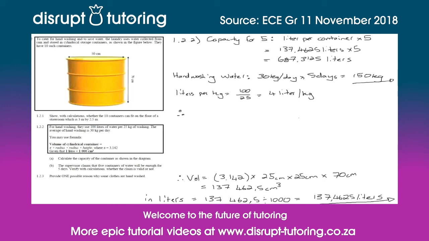So therefore, the total liters of water needed is going to be your 4 liters per kilo multiplied by the total number, which we calculated to be 150 kilos.